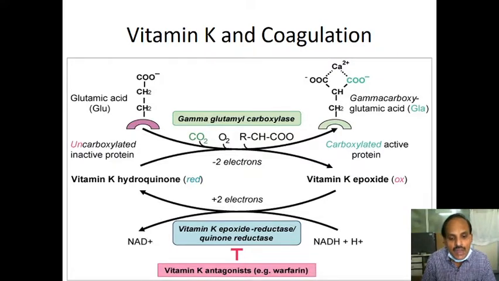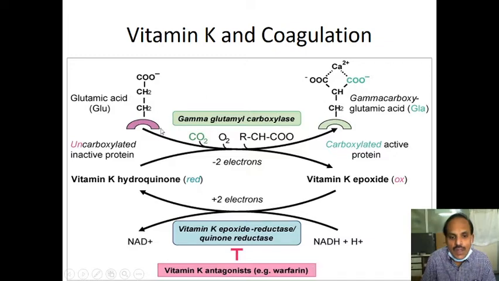Now the vitamin K oxidoreductase enzyme converts the vitamin K epoxide to vitamin K hydroquinone, and this vitamin K hydroquinone then gives 2 electrons to carboxylate the glutamic acid residues under the influence of the enzyme gamma glutamyl carboxylase, and converts the glutamic acid residues into gamma carboxyl glutamic acid.